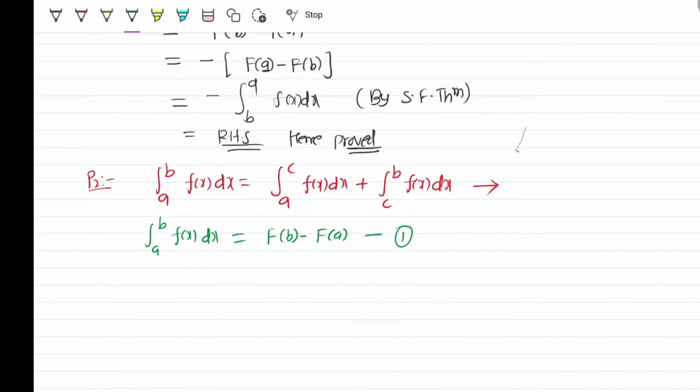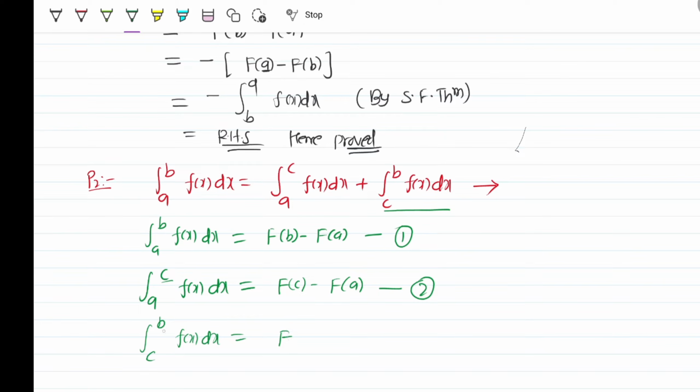Let's say equation 1. Now if I ask what is this integral a to c f(x) dx, by the second fundamental theorem it would be F of the upper limit, this time c: F(c) minus F(a). Equation number 2. Similarly, what is the integral c to b f(x) dx? By the second fundamental theorem, it is F of the upper limit, b this time: F(b) minus F(c), equation number 3.